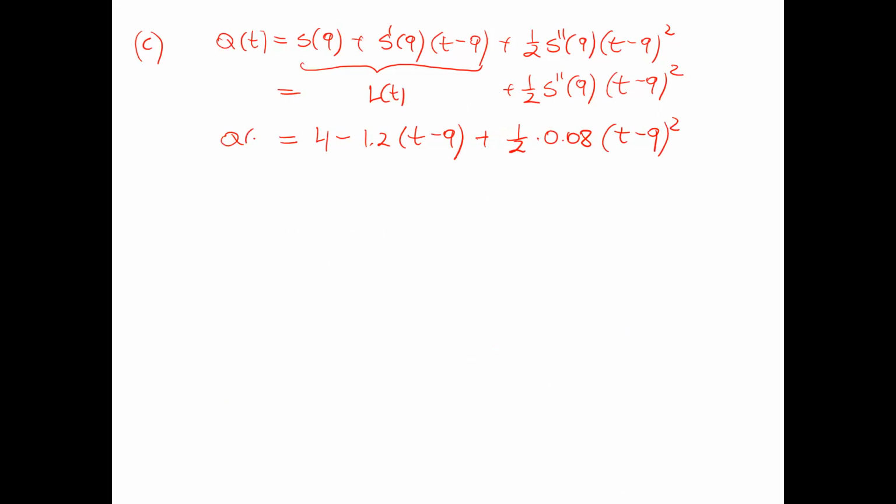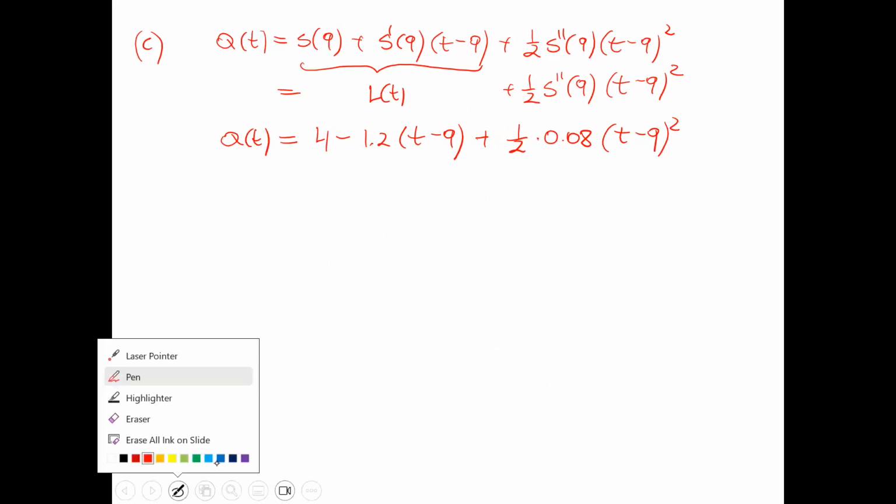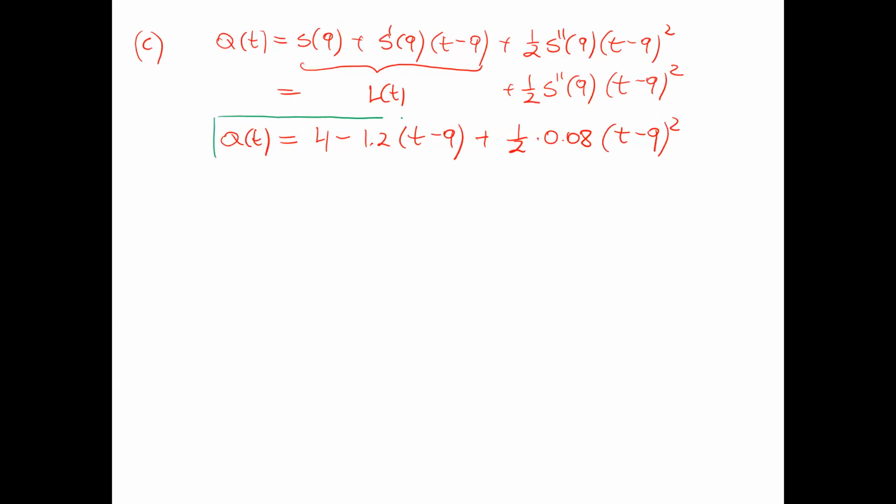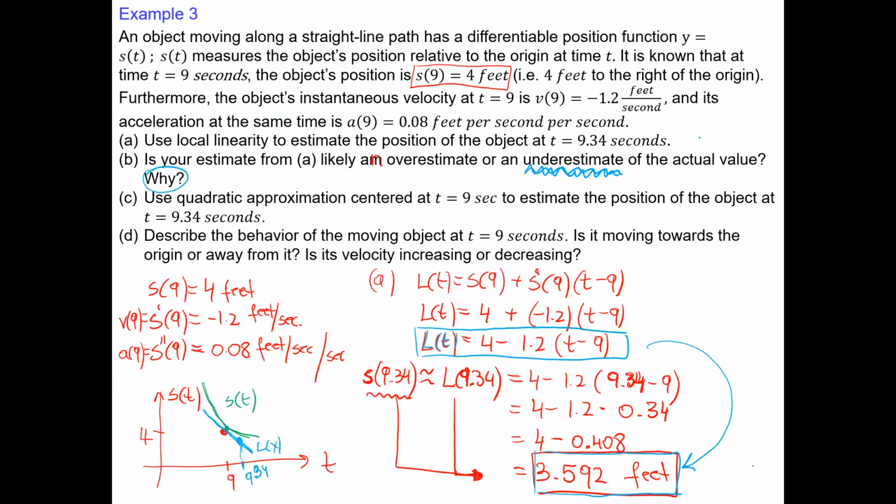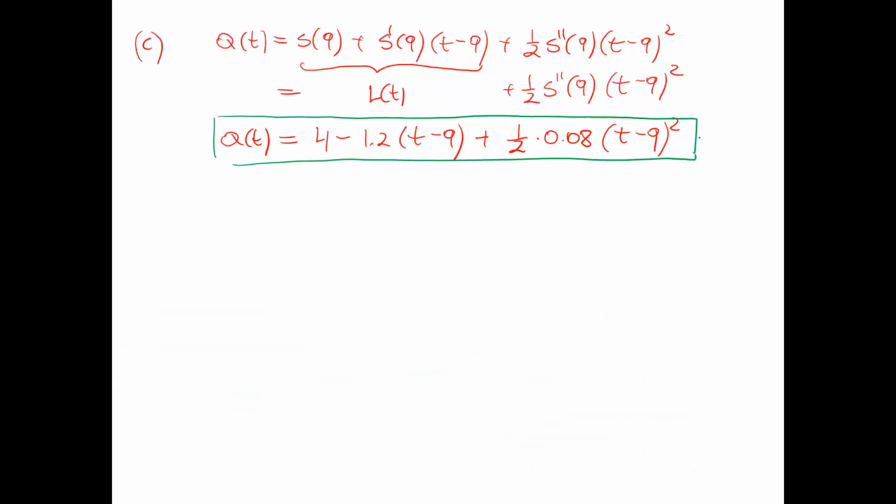That means this is the quadratic approximation formula. Maybe use green color. Am I right? 1.2 is negative, and the acceleration was positive because it was concave up.